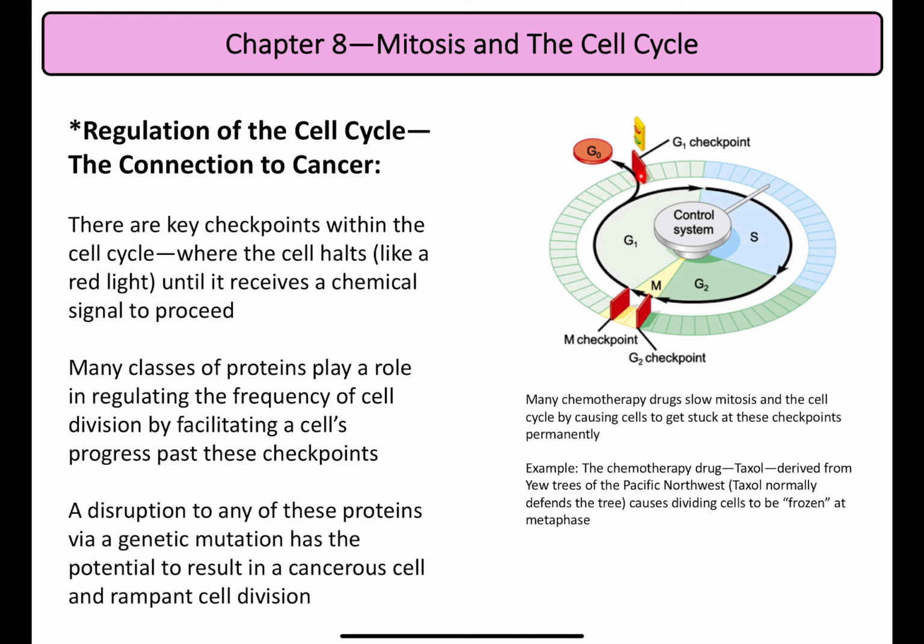Many times a cell needs a signal, like a hormone or a growth factor, to tell the cell to go on past this red light, to turn it into a green light. So for instance, if you have a problem with a protein that's acting as this stop sign, and instead of acting like a stop sign it's acting like a green light, that's going to make the cell divide too quickly and out of control.